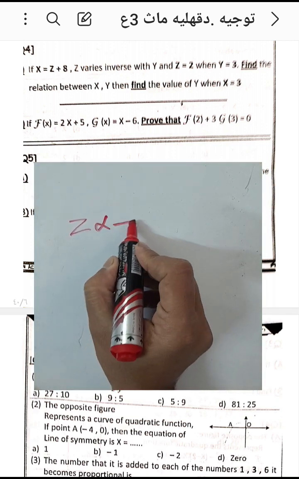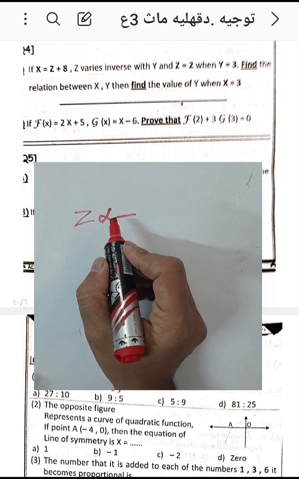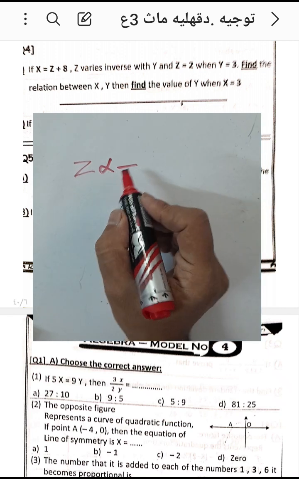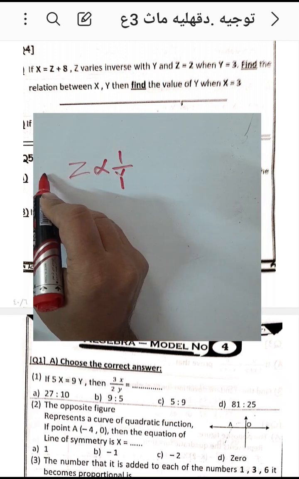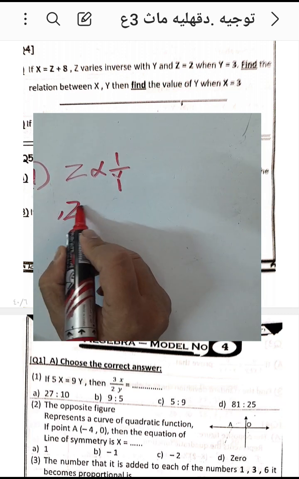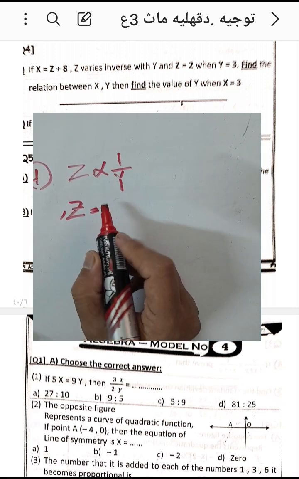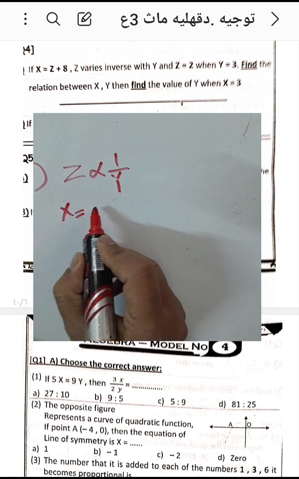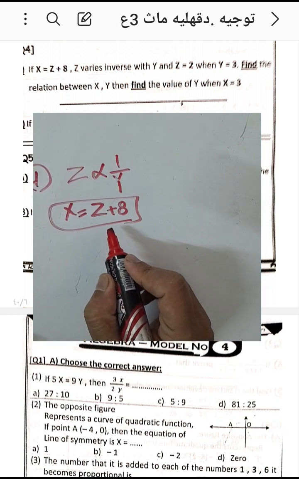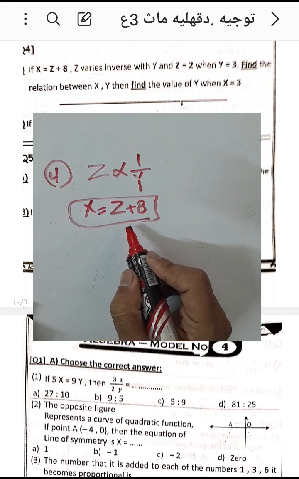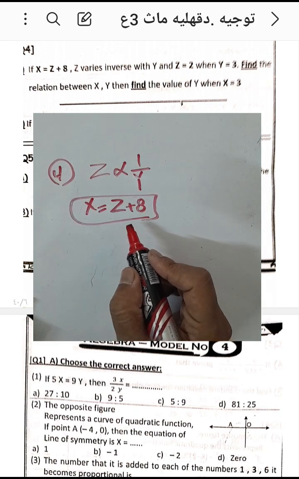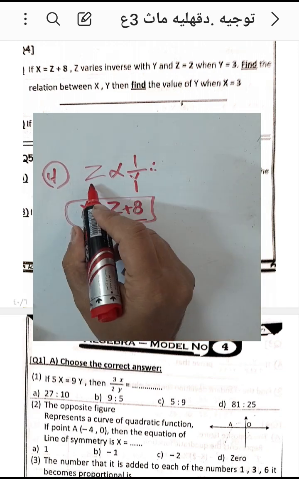We have inverse variation between Z and Y. In question number 4, they give us the relation between Z and X equal Z plus 8, and Z varies inversely with Y, where Z equal 2 when Y equals 3. Okay. In this relation, we can find Z in the simplest form, right?